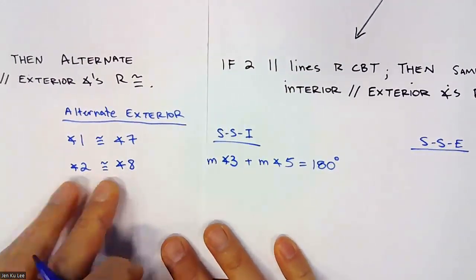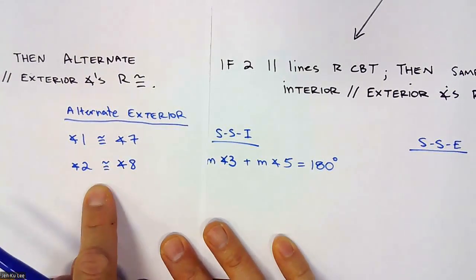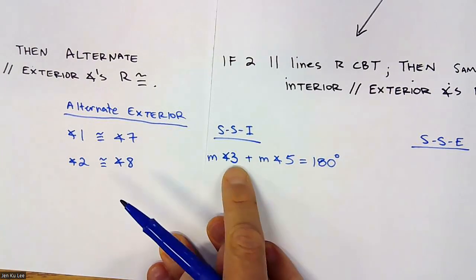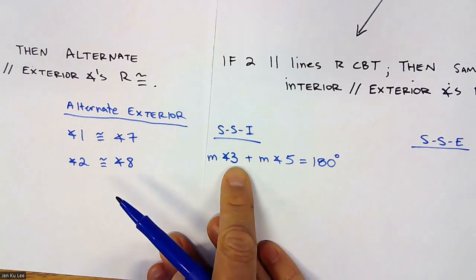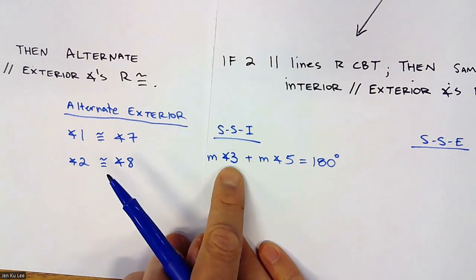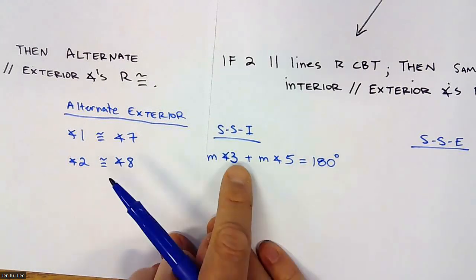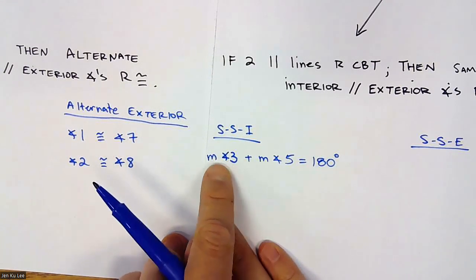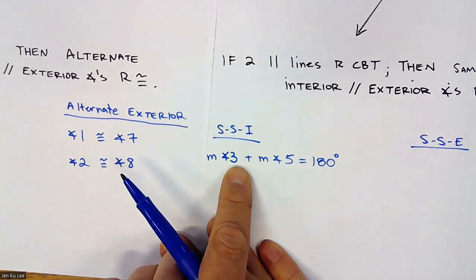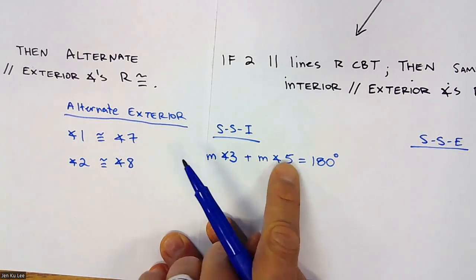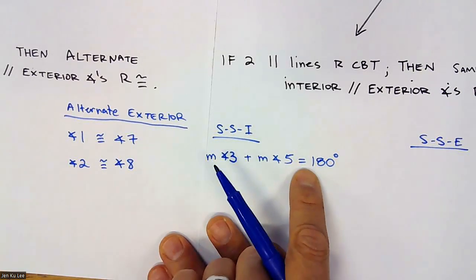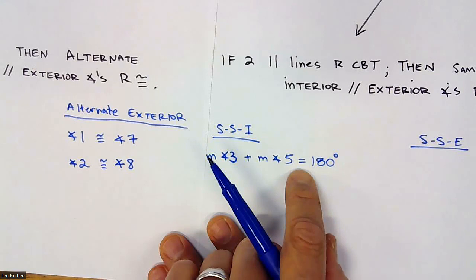Before we move on to the next relationship, notice that I have congruent here and I have an equals here. Okay? Because angle 3, I'm not talking about the physical angle, right? I'm talking about what degree measure it is. So whenever you're talking about degree measure, you always have to put the little m that stands for measure. Okay, so the measure of angle 3 plus the measure of angle 5. Now, since we're talking about numbers, it's going to be equal to, not congruent to, 180.